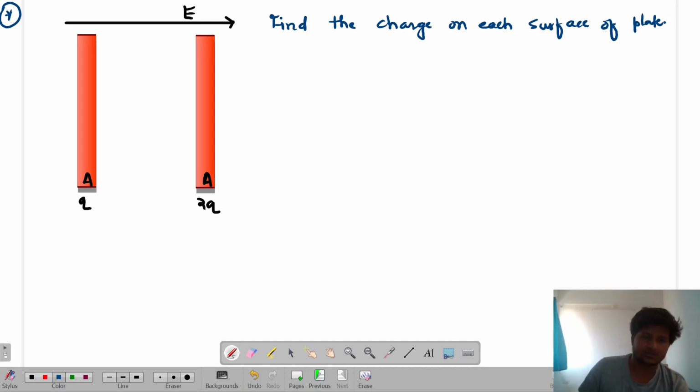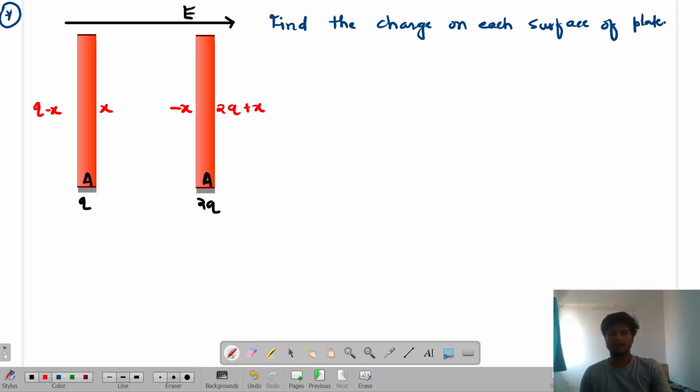Achha, the first thing I need to find is the charges, isn't it? So here it will be Q minus x, minus x, 2Q plus x. This will be it, right? And then what is the condition? Achha, if there is an external electric field, are the charges on the outer surfaces the same?